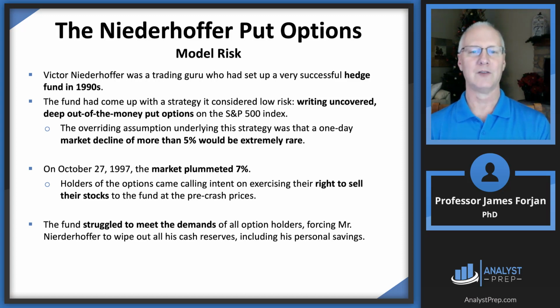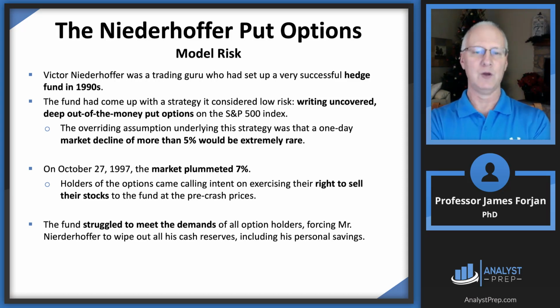The overriding assumption underlying the strategy is that a one-day market decline of more than 5% would be extremely rare. So look at the date. Of course, this happens. October 27th, 1997. I don't remember that date, but I'm sure Victor does. The market plummeted 7%. So what's going to happen?